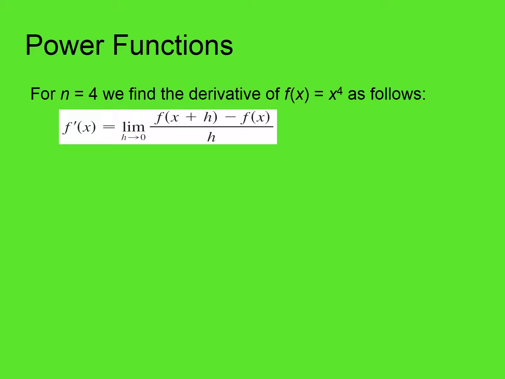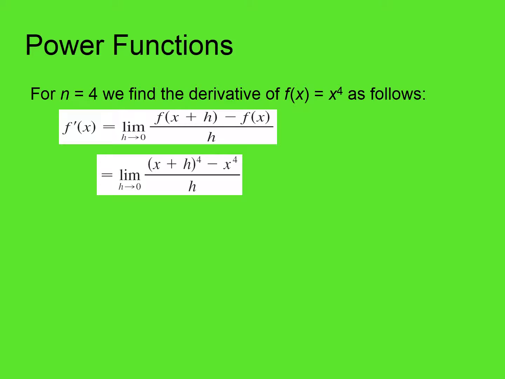Okay, so we set up our definition here, and we're going to find f of x plus h, which is the fourth power of x plus h, minus f of x, which is x to the fourth, all over h. And take the limit as h goes to 0.